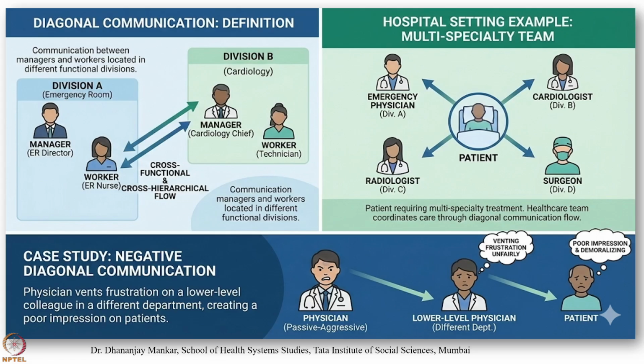The case study over here is how negative diagonal communication is seen. A physician vents frustration on a lower level colleague in a different department, creating a poor impression on the patient. The physician was passive aggressive and the lower level colleague was from a different department, with frustration vented unfairly, which led to a poor impression and demoralizing the patient. Ultimately the patient is affected, a soft target, because of the poor diagonal communication among the two staff in the hospital.